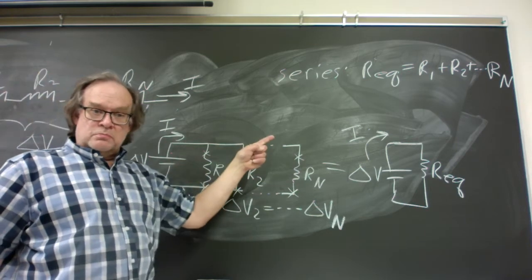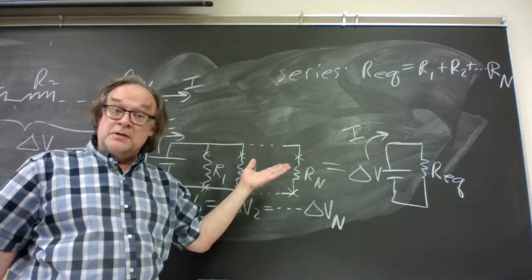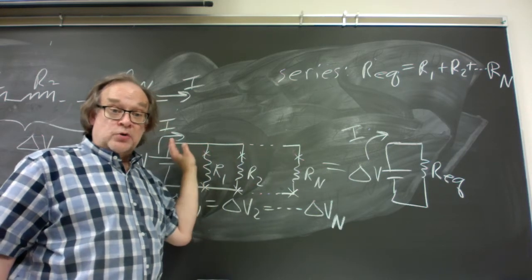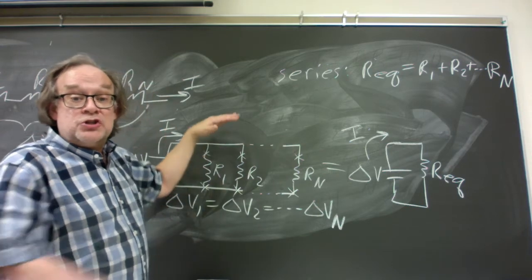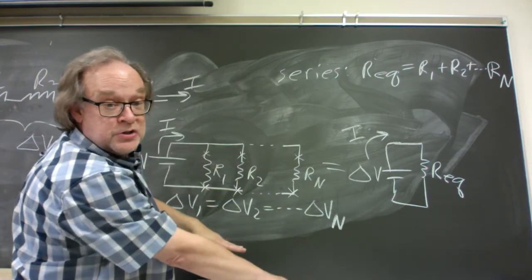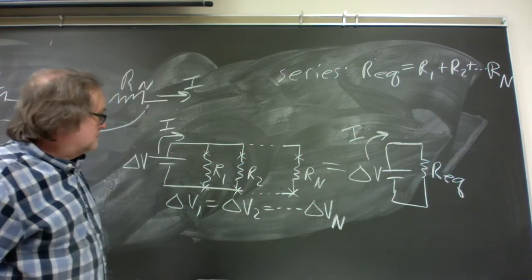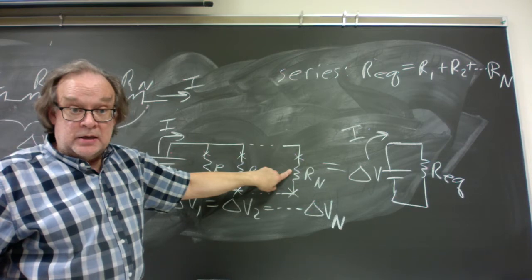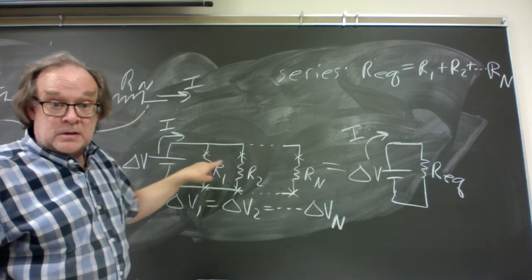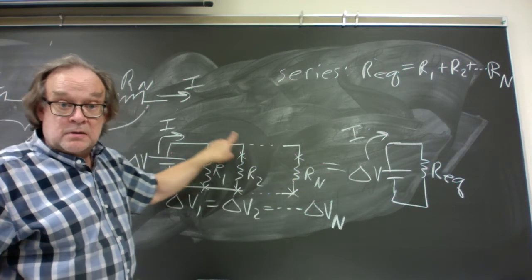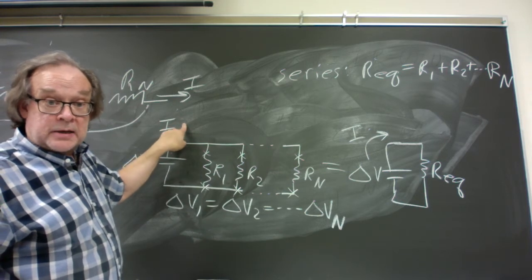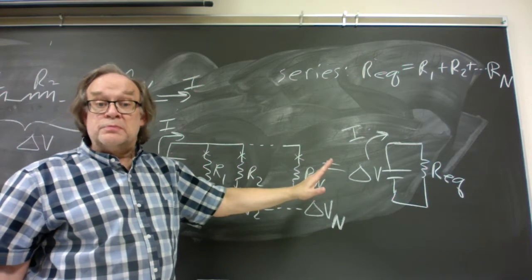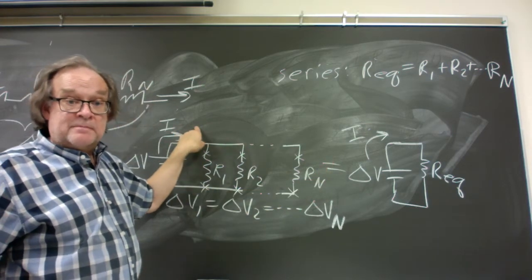In other words, current never piles up in the junction or gets depleted in the junction. The rate at which charge comes into the junction is the same as the rate at which it leaves the junction. So the sum of the n currents through the n devices here must just all add up to that. This gets split up into n currents whose sum has to be that.